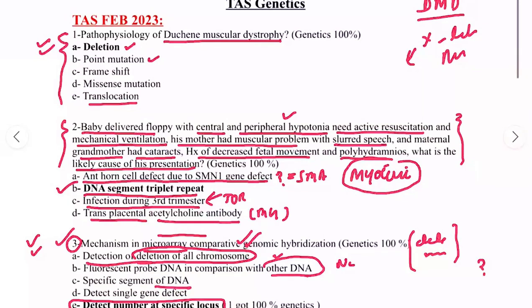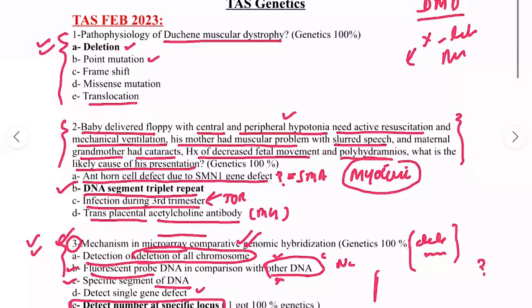Specific segment of the DNA, yes, it can detect. Single gene defect, not at all. It usually detects the number at a specific locus. Now see here, we have to select the best one. Yes, it can detect the specific segment of the DNA. Fluorescent probe is also used, but that is with the control DNA, not with the other DNA. They must have written here about the normal or the control DNA. But yes, it is going to detect the number.